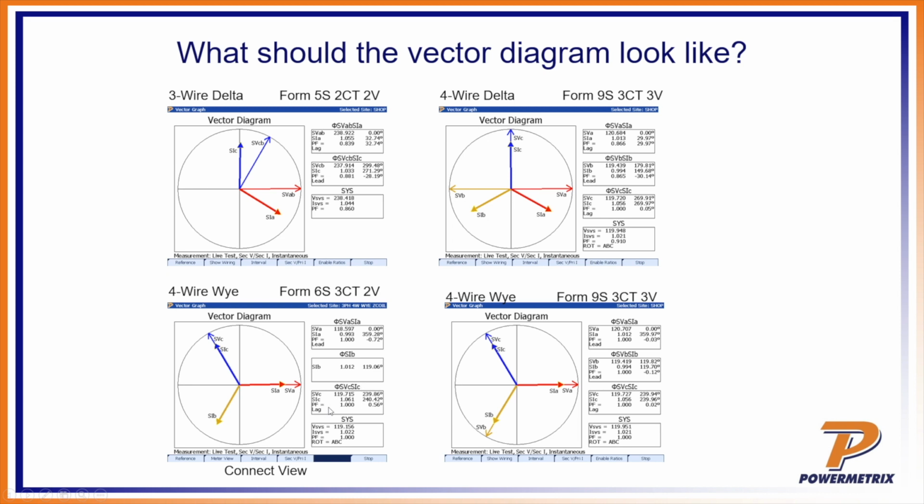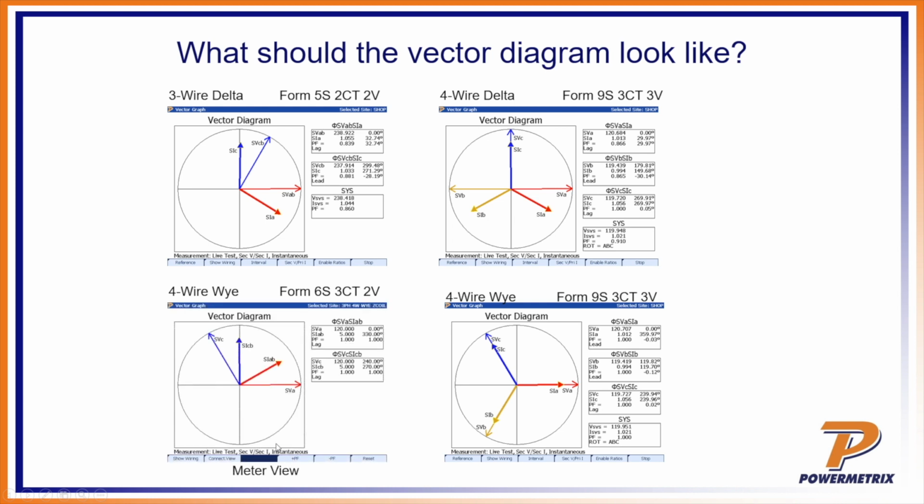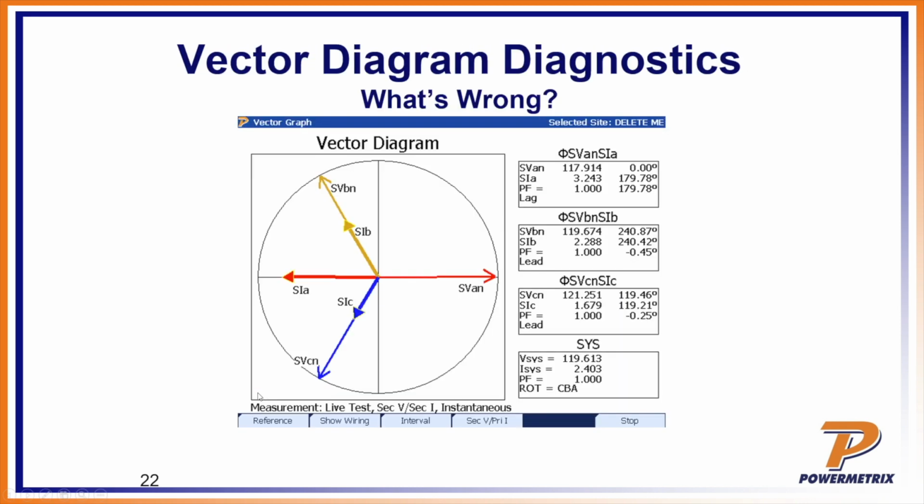In this 2.5 element meter, you have this connect view, but you also can get this meter view. Now both of these are correct, but in the meter view, this is the mathematical view. And so this is how the meter calculates your kilowatts. But it doesn't mean it's wrong.